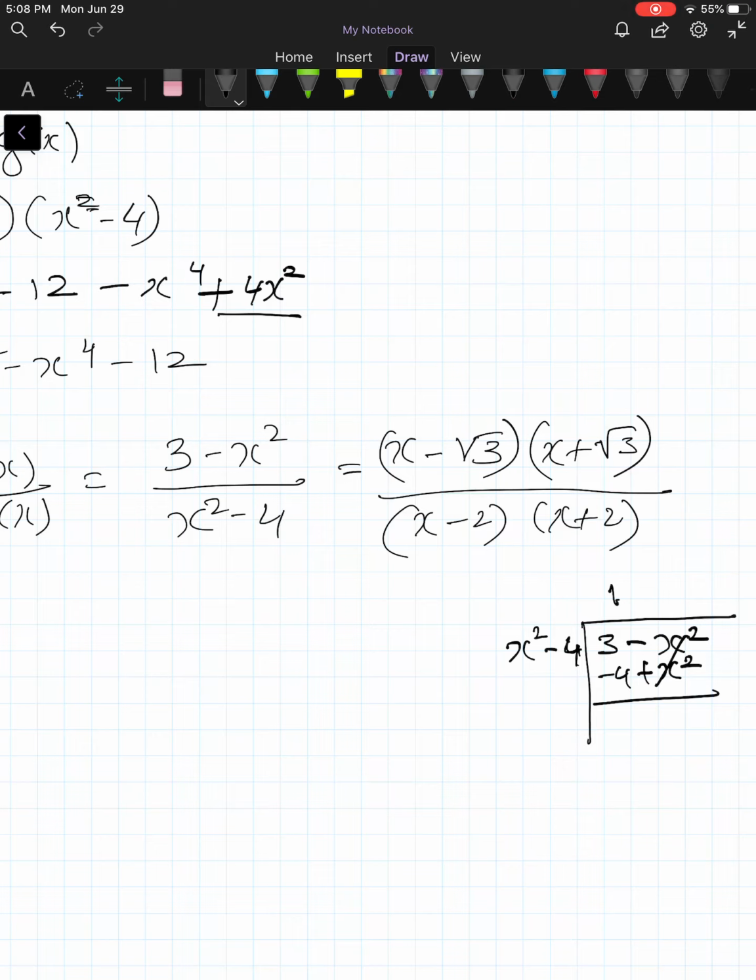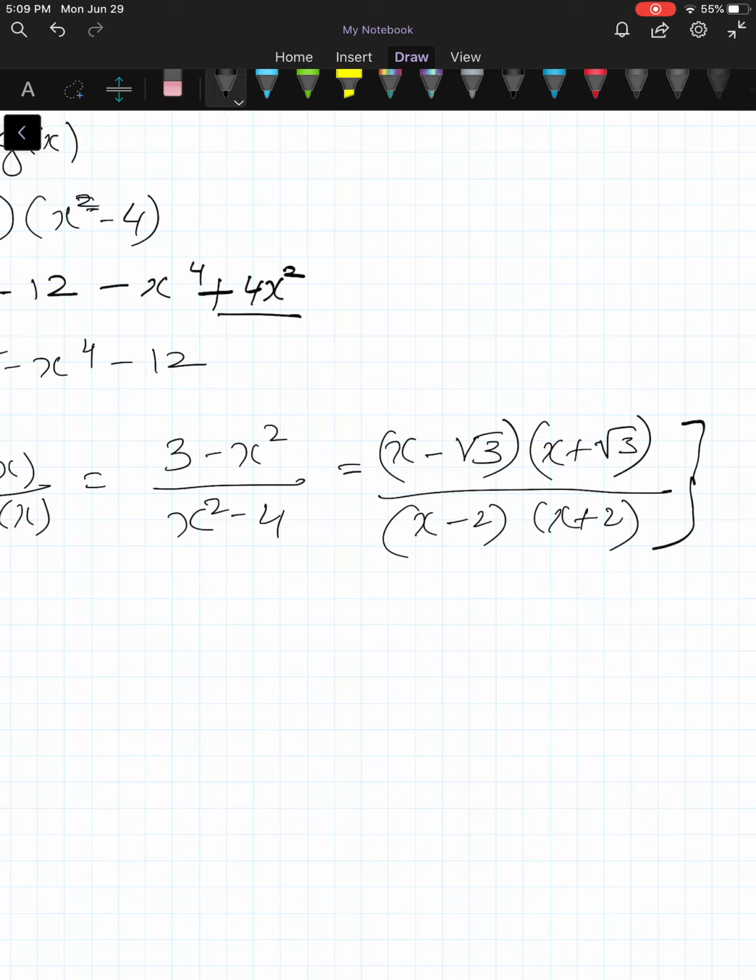You are just left with negative 1 as a remainder. If you express this as a mixed fraction, there is no need to do that. We can leave this as it is, like after factorization. If further simplification is not possible, just leave it as it is.